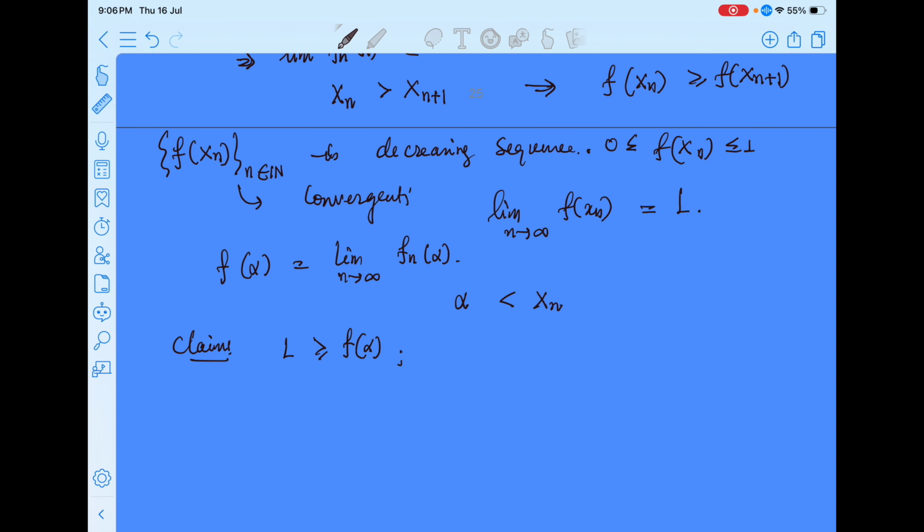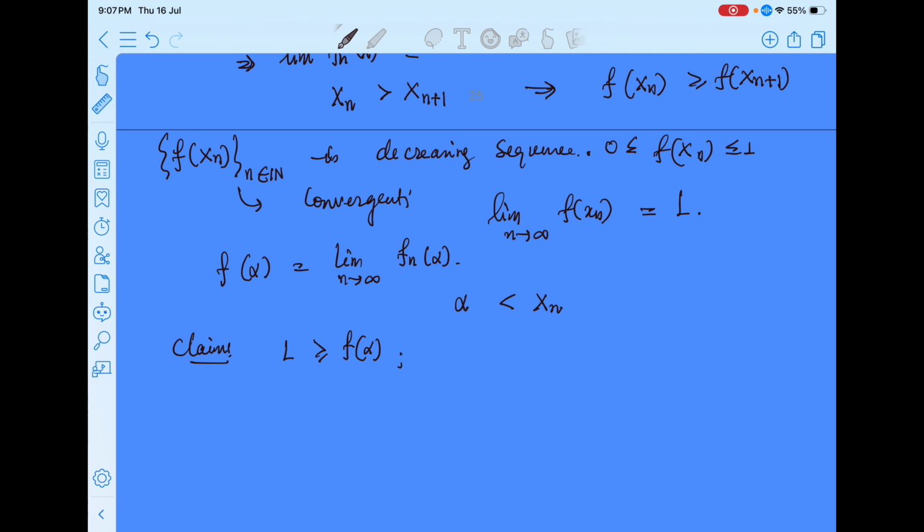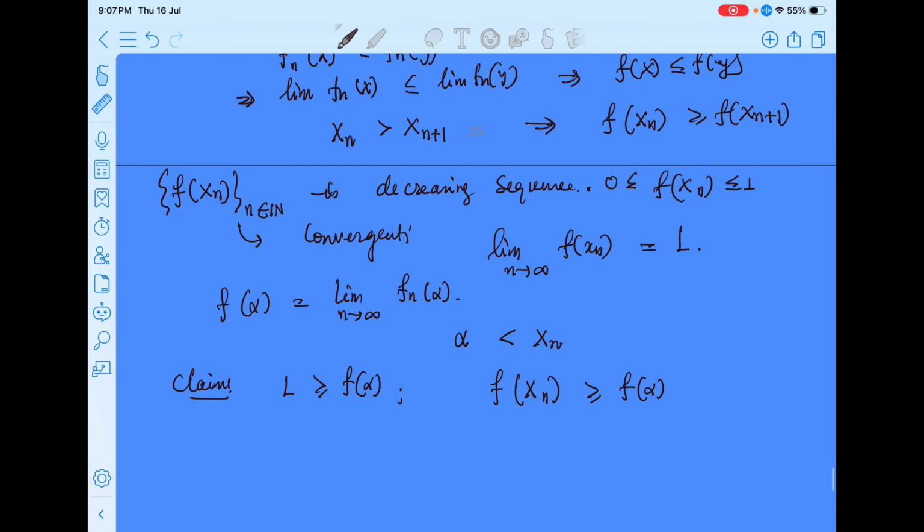How can we show that L is greater than or equal to f of alpha? So f of x_n is greater than or equal to f of alpha. That is true.